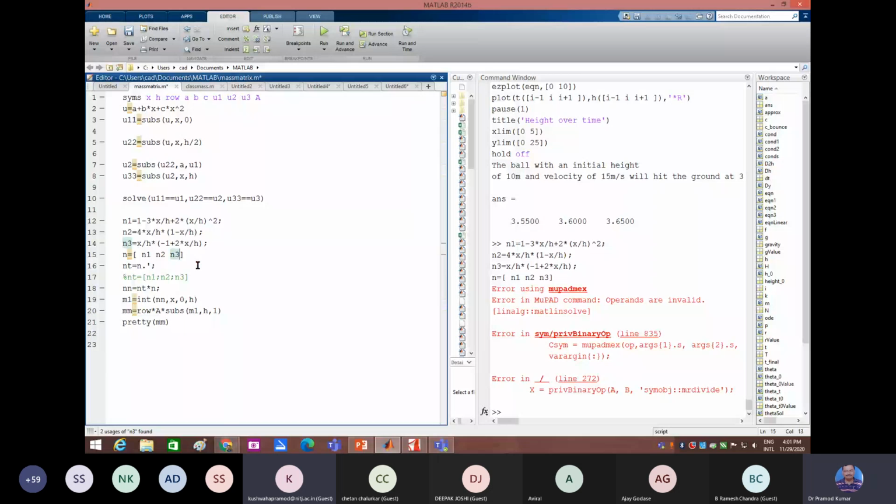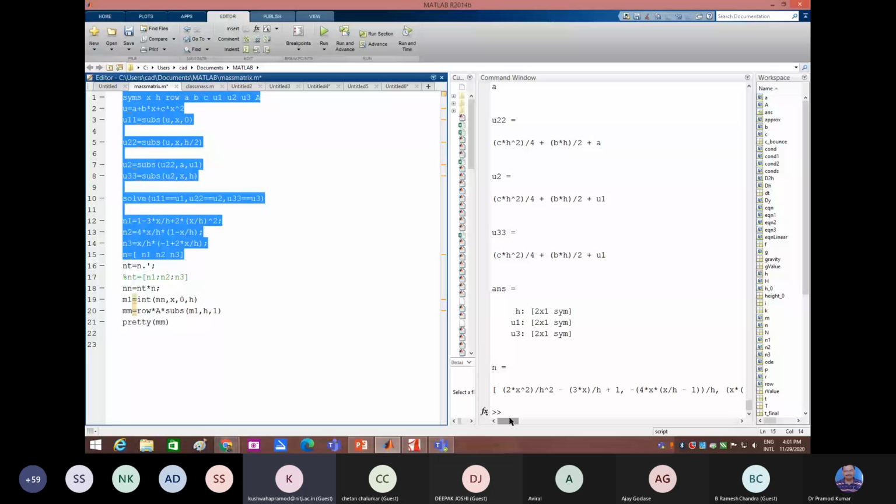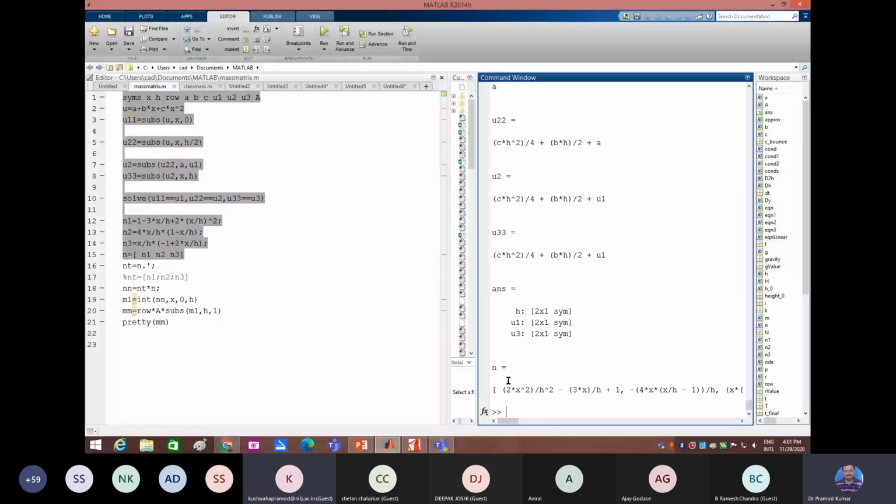As symbolic, we have not defined. Here, this is the N matrix. N matrix is this much of the N1, N2, N3.